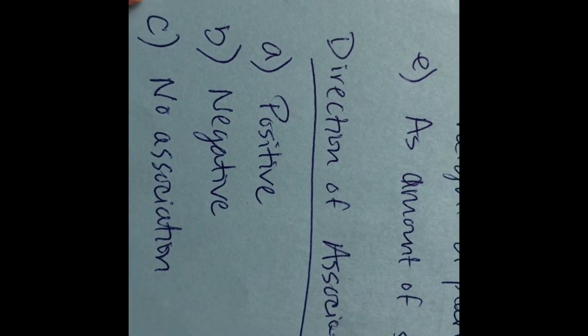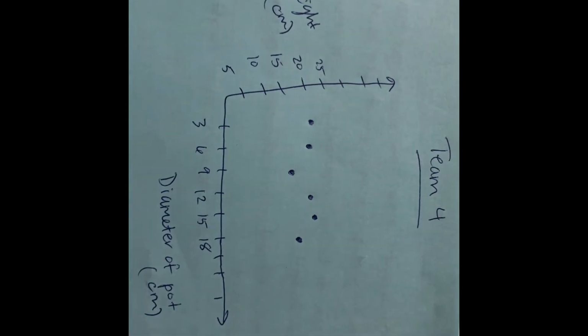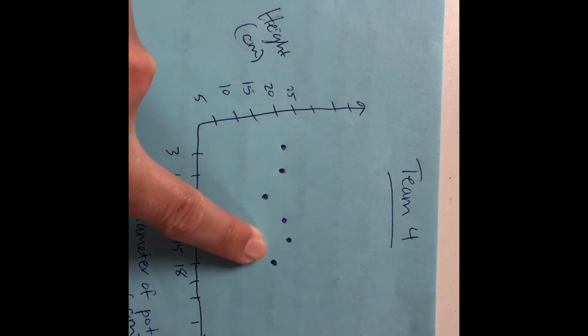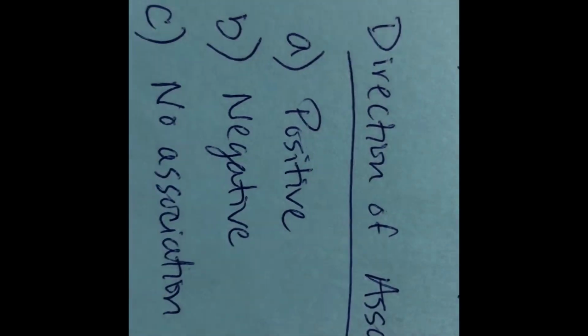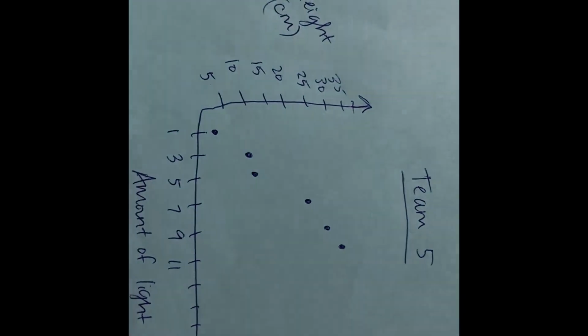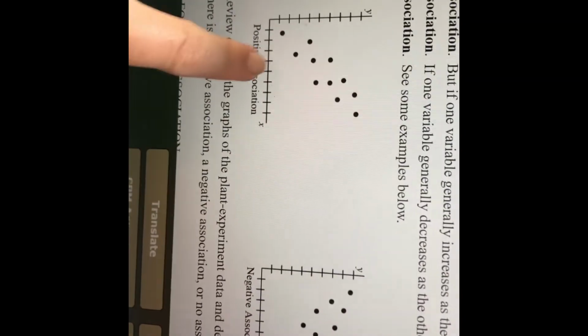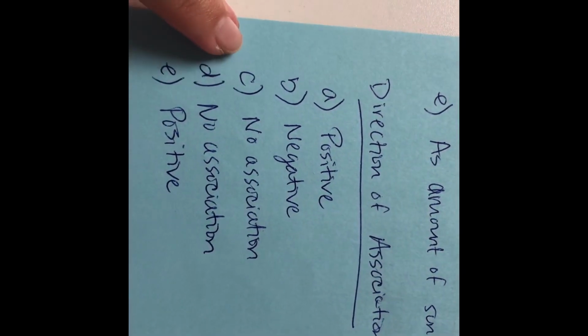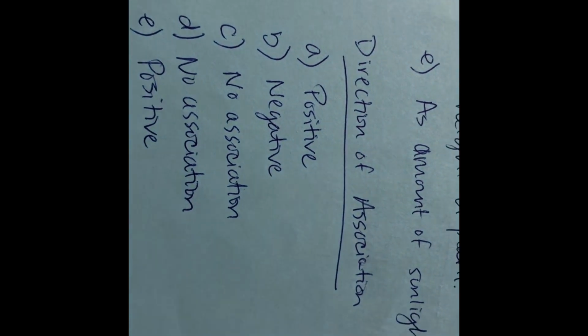So so far we've got a positive, we've got a negative, and now we have a no association. For the 4th graph, again, no downward or upward consistent pattern, so that would be a no association. In the last graph, we do see an upward trend, like that first one, and that corresponds with our positive association. So here's our order: positive, negative, no association, no association, and positive.